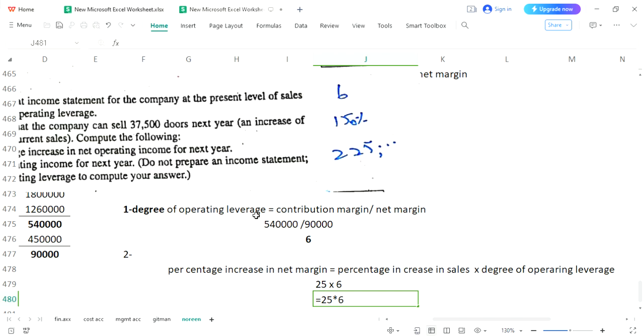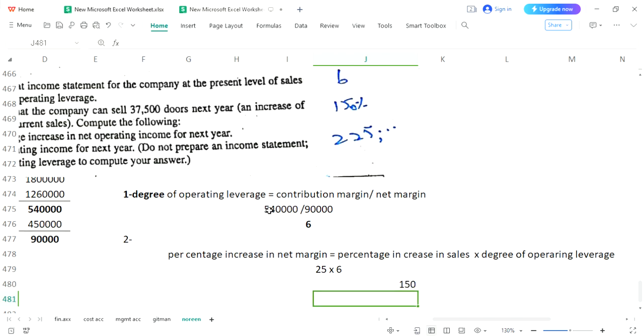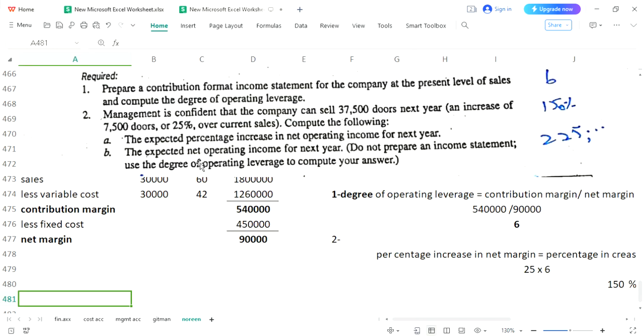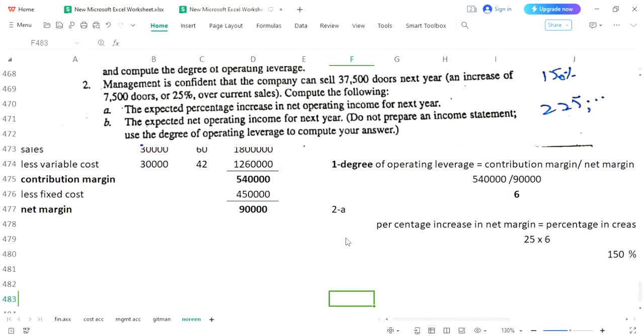So you have got your answer, 150, and since 25% was used, this answer is in terms of percentage. 150% is your answer, and you can see 150% is written over here. So come back over here. Second A was sorted out. Over here you can write second A, and now we are going to see the second B part.